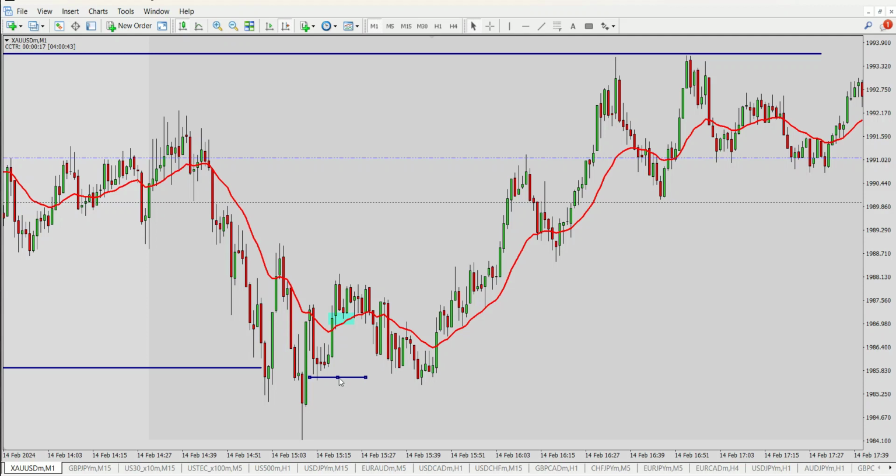Not down, because my thesis was that they've already engulfed. And then as they went up, they pulled back. As they pulled back, they gave another engulf, and this is where they bounced on the EMA. So this is where I added my size. If I am gonna be taking multiple positions like this, I start with a smaller lot size, and I've learned that from many people and from many books.